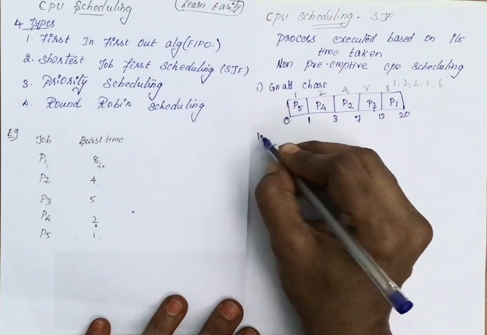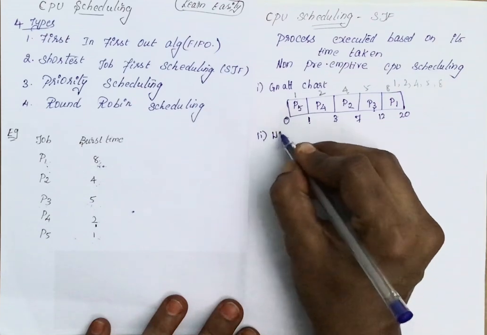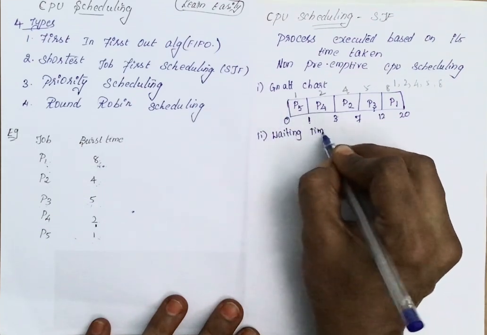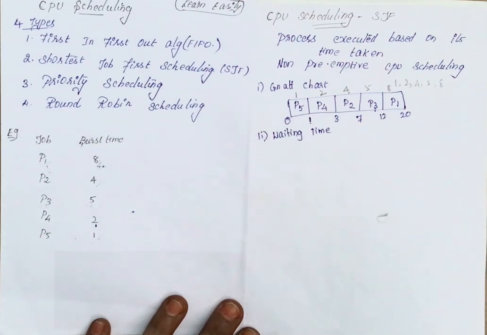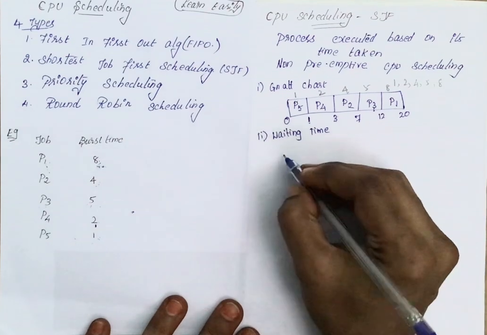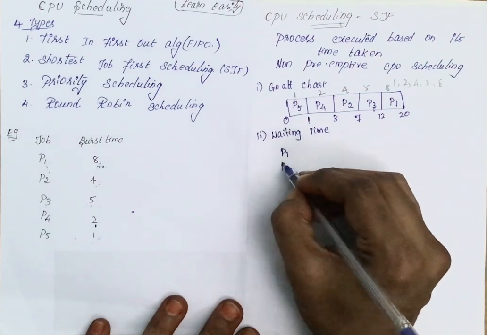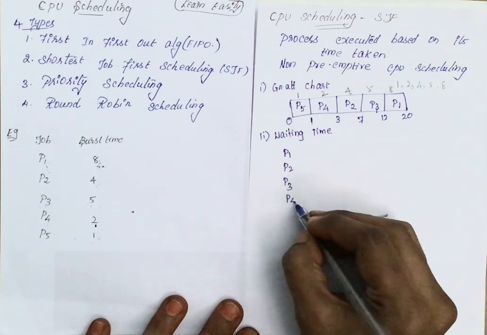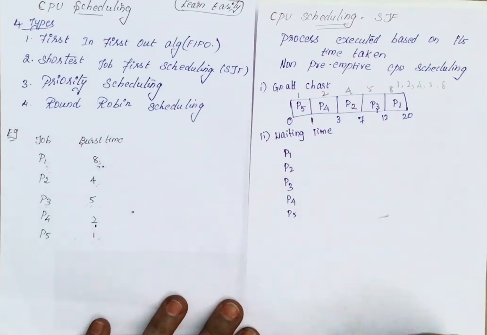Next we have to find the waiting time. Waiting time means the time each process waits before going to its execution. The processes are P1, P2, P3, P4 and P5. These are the 5 processes.